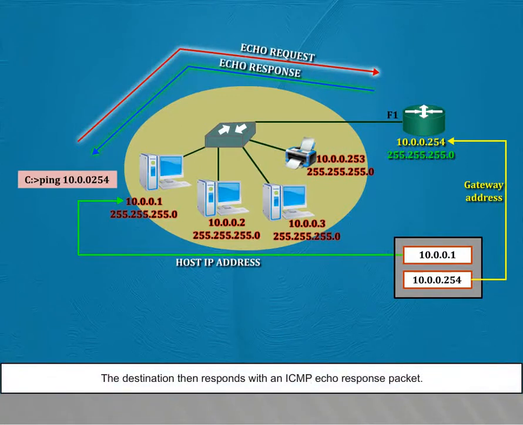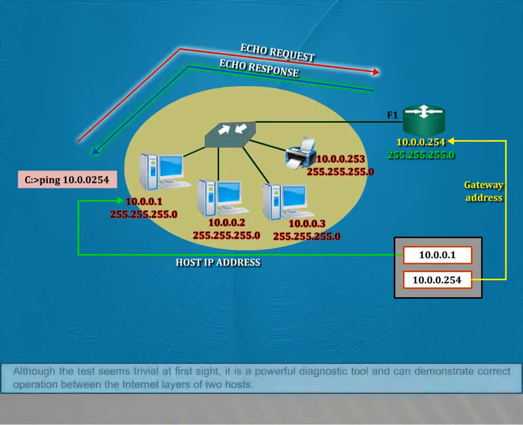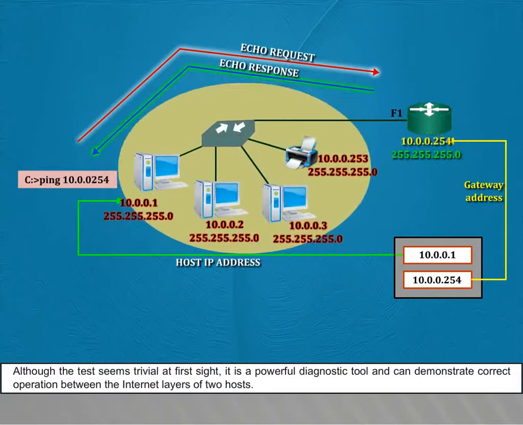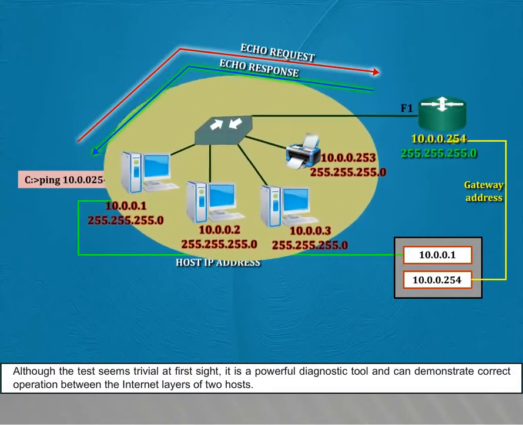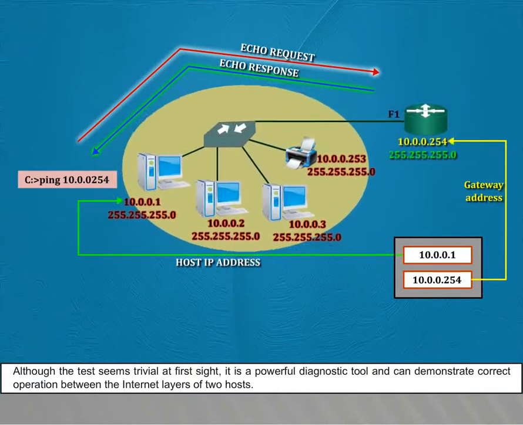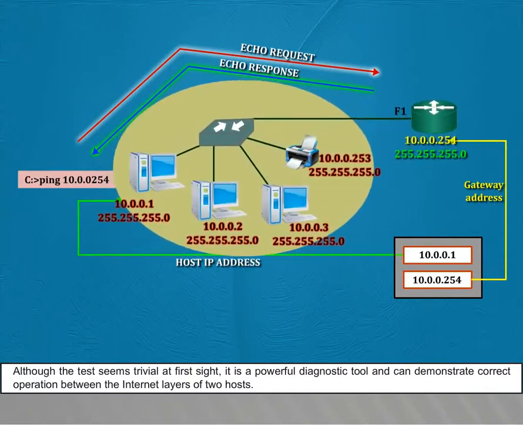The destination then responds with an ICMP echo response packet. Although the test seems trivial at first sight, it is a powerful diagnostic tool and can demonstrate correct operation between the internet layers of two hosts across a WAN regardless of the distance and number of intermediate routers involved.